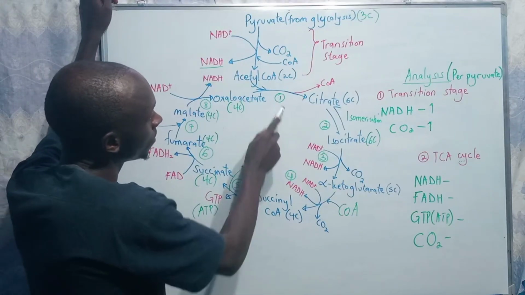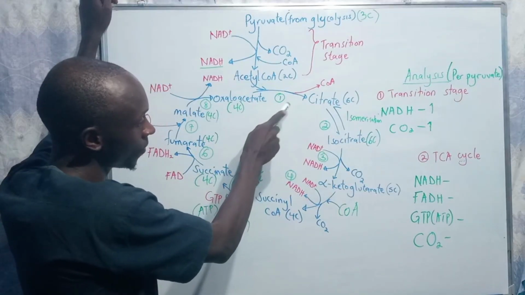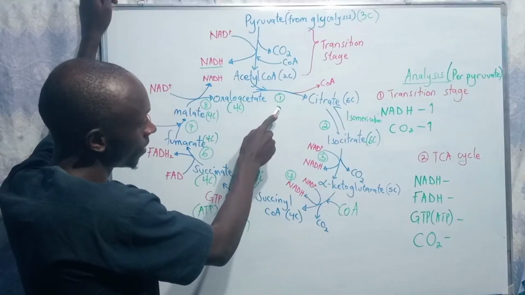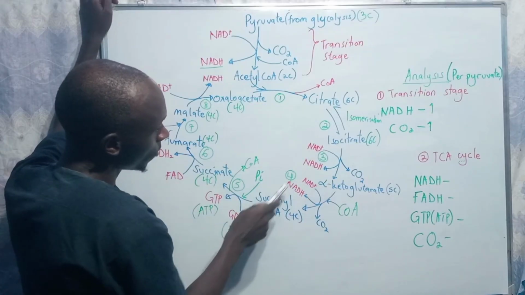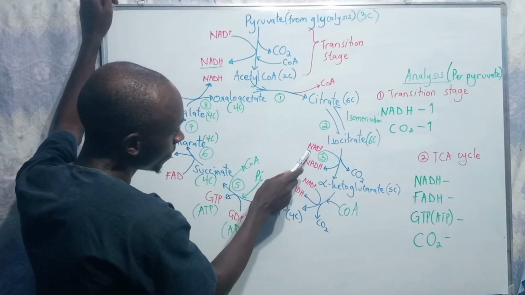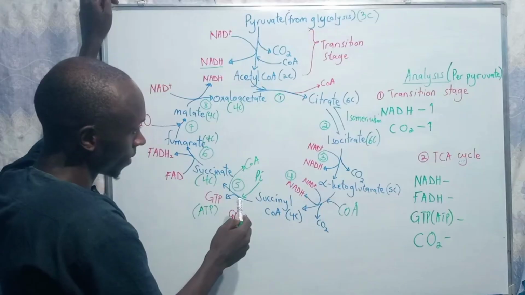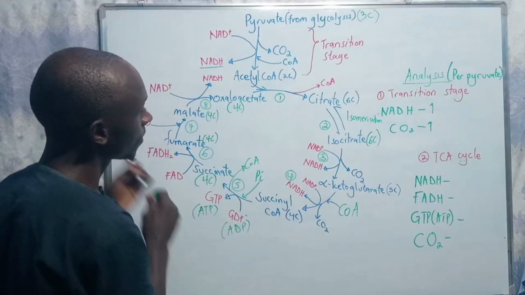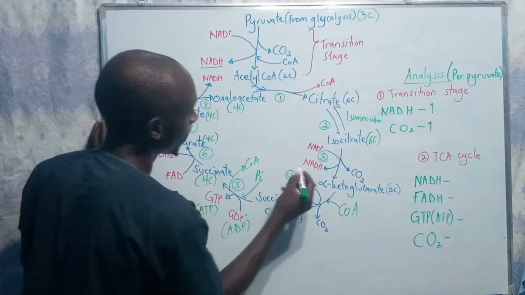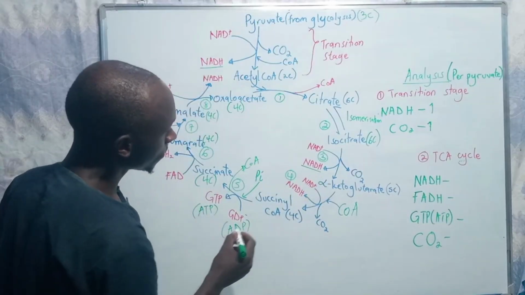The most important molecules we're having are reduced NAD, reduced FAD, energy, and then carbon dioxide. So in stage number 1, we don't have any reduced NAD, any reduced FAD, any energy, or any carbon dioxide formed. If we go to stage 2, the same case. Now in stage 3, we are having one reduced NAD being formed. We can begin by counting reduced NAD. So this is one reduced NAD being formed, and I can underline it. We can go to stage 4.